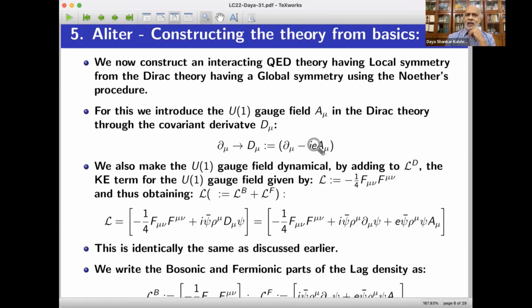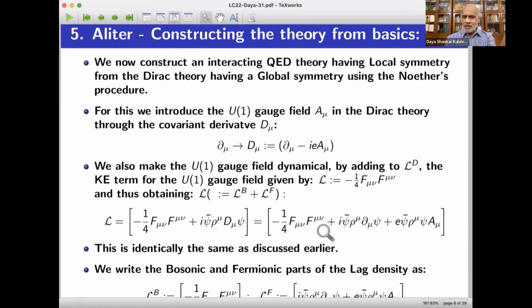So in order to make this field A mu dynamical, I add the kinetic energy term given by the famous Maxwell Lagrangian in my Dirac Lagrangian, and then I just expand this capital D mu, which gives rise to these two terms. And so I am back with this Dirac Lagrangian, and this is the additional interaction term.